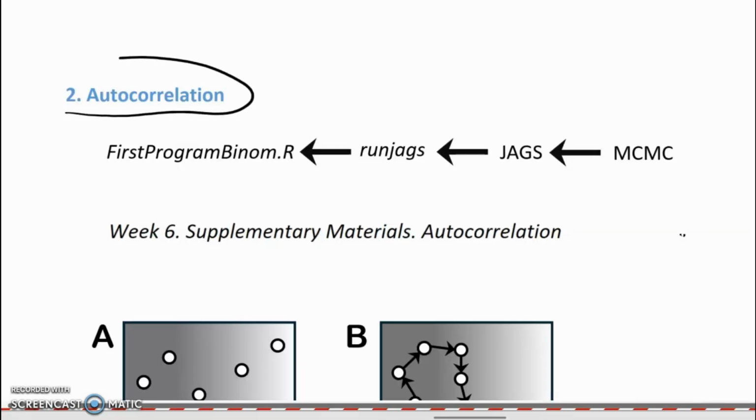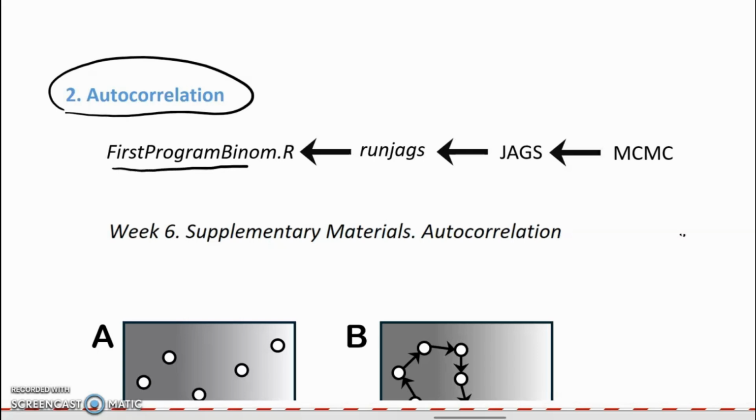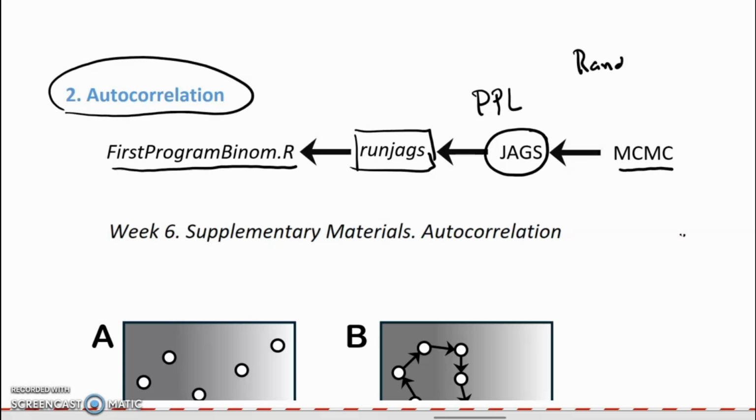The second thing I want to talk about is autocorrelation. This week we're going to look at the first program, binom.r. We're going to use the runjags package. The probabilistic programming language is going to be JAGS. And we're going to go on a Markov chain Monte Carlo random walk.